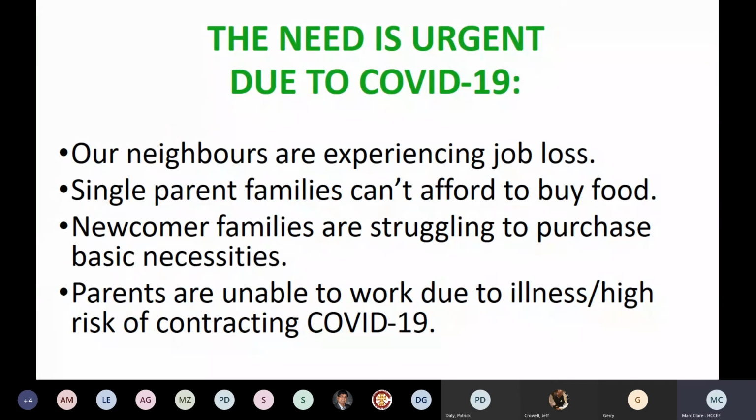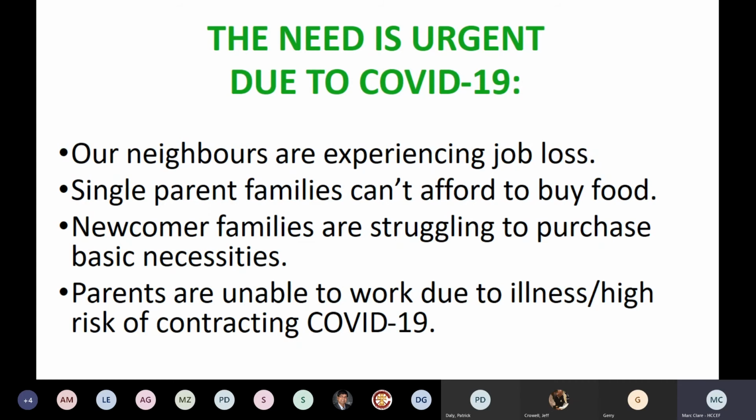Right now, there are lots of neighbors experiencing job loss, lots of single-parent families having challenges buying food, and newcomer families in the same situation. A number of parents aren't able to work due to illness, or because they're at high risk of contracting COVID-19. Right now, we have been focusing mainly on supporting families with basic necessities.